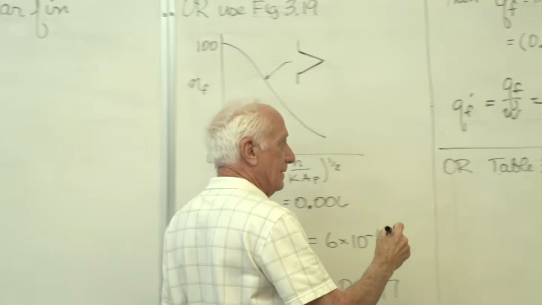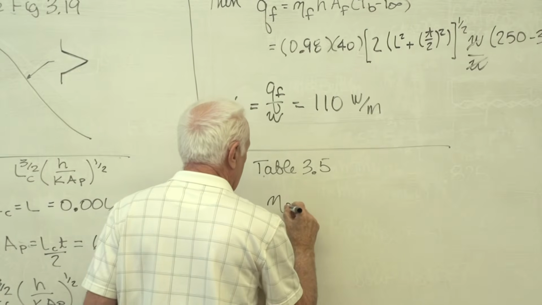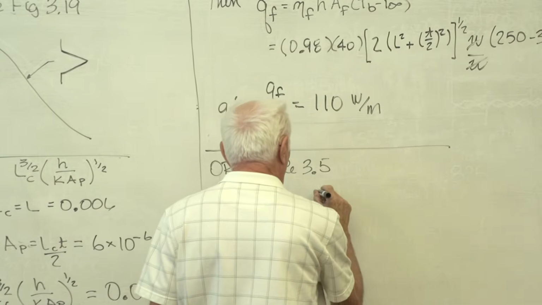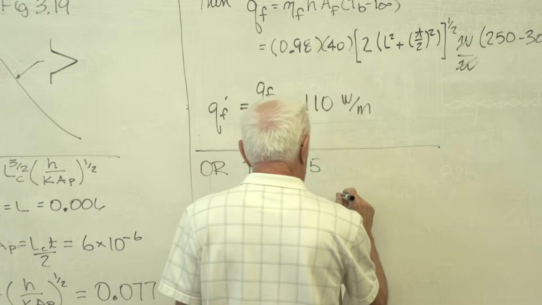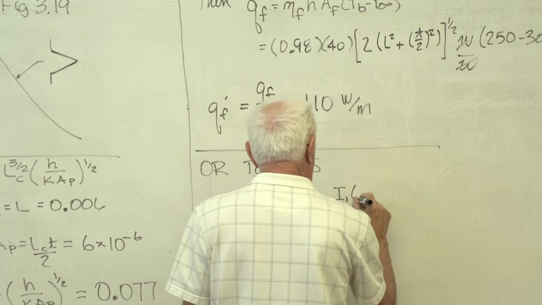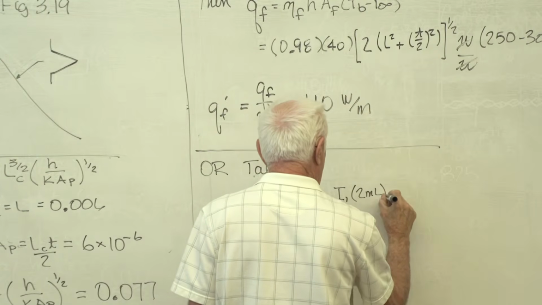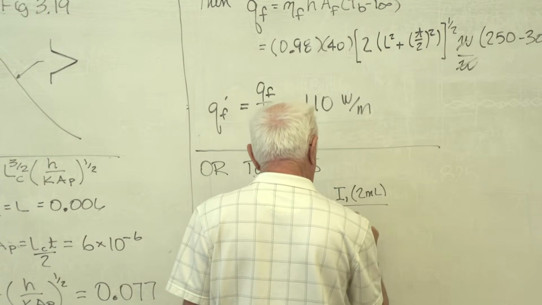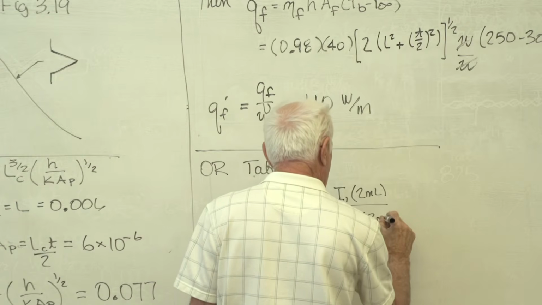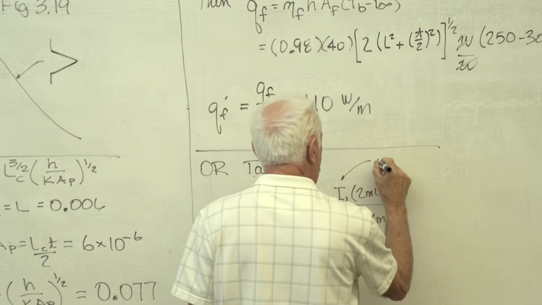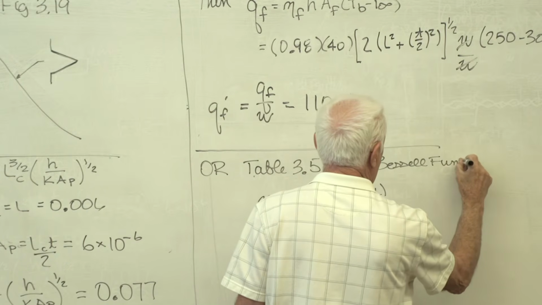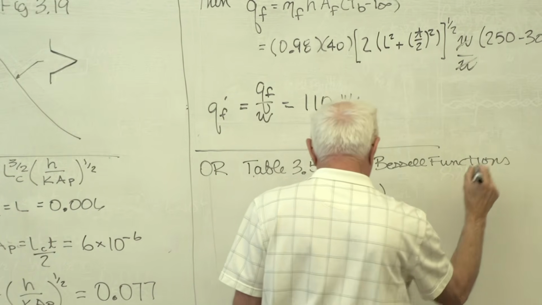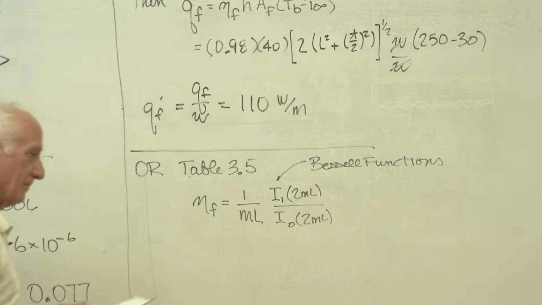Here's what table 3.5 says. The fin efficiency, 1 over ml, we have Bessel functions of the first kind.